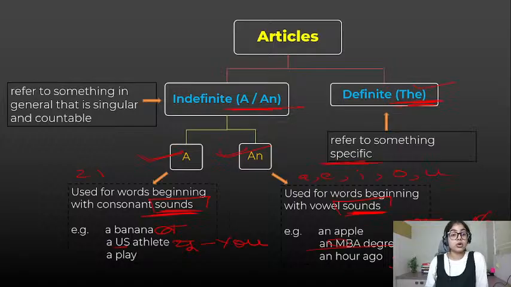A and an are called indefinite articles and the is called a definite article. It's a synonym for specific. Just this one slide covers half of the articles chapter.